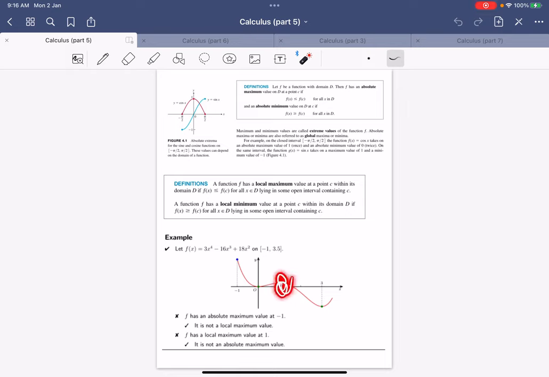And this 1 point is known as the local maximum. It is not the absolute maximum because it is not the maximum value within the whole domain, but it is just the maximum value within an interval. And so that's why it's considered a local maximum value and not an absolute maximum value.